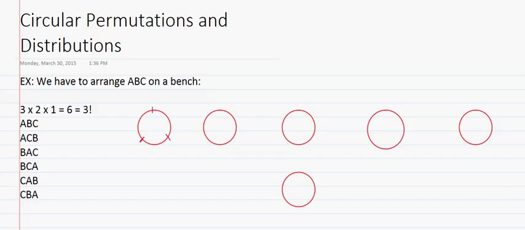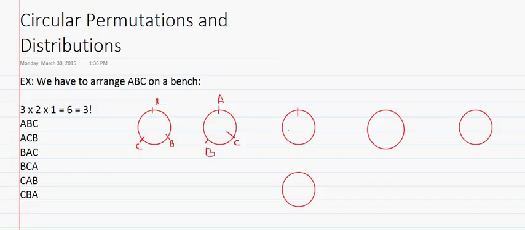So now if we try to arrange them in circles, let's put them on a circle. If this is a circle, we can put A here, B here, C here. The next one would be ACB: A here, C here, B here.